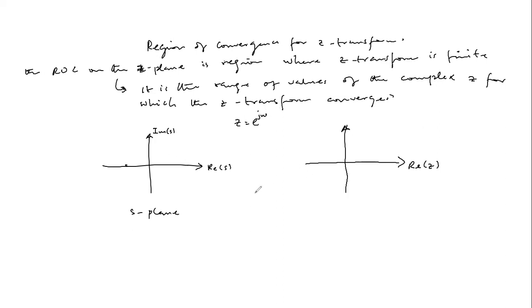When you fold the j omega axis into a circle to look something like this, then you have the Z-plane.